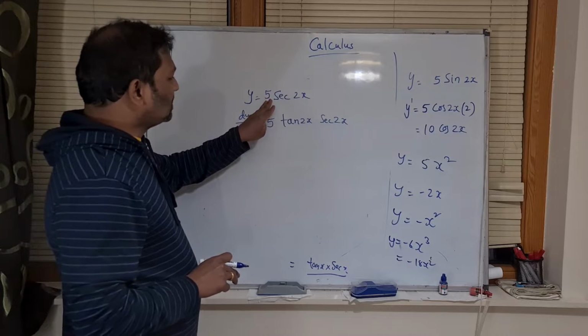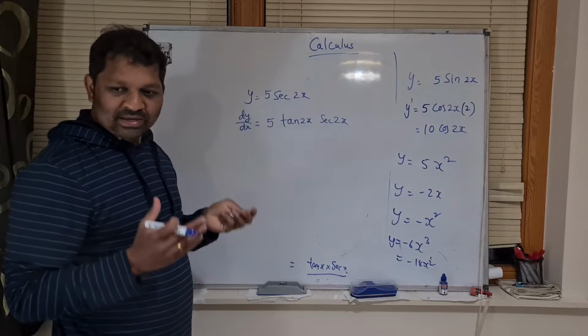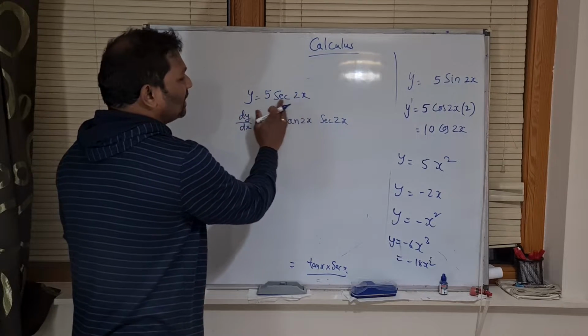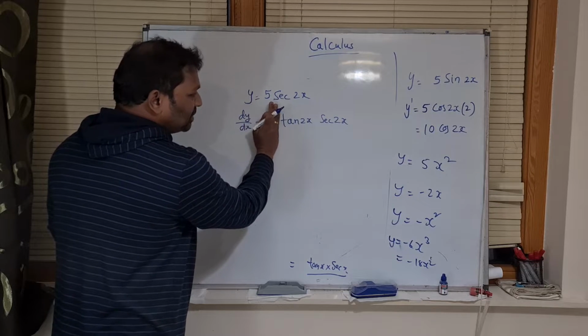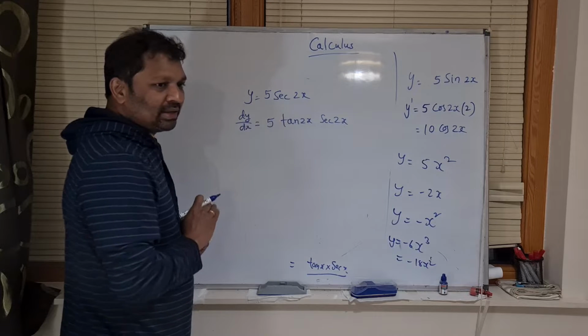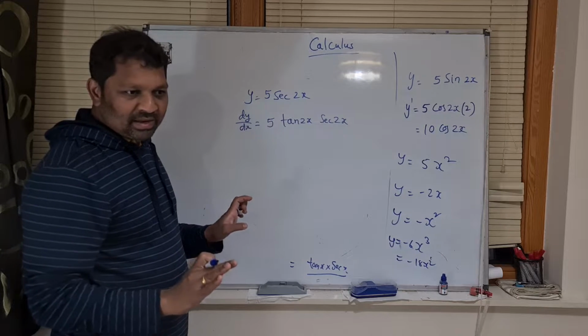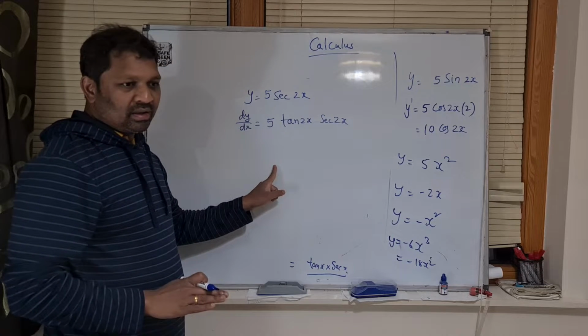5 is a constant coefficient, which you should keep aside. 2x is the inner function. If you come across a constant coefficient in multiplication, keep it aside and forget about it. If there is a possibility of multiplication, you do it at the end.